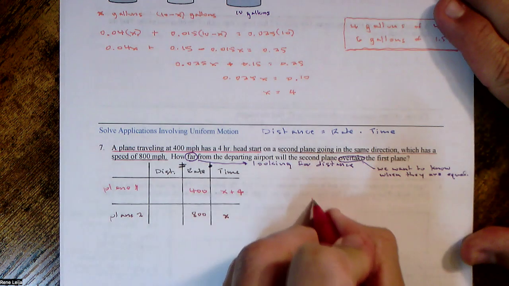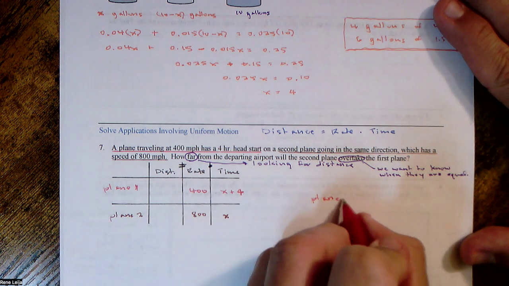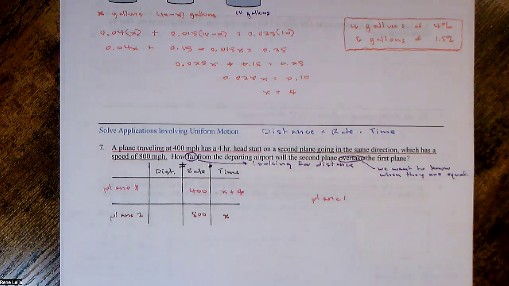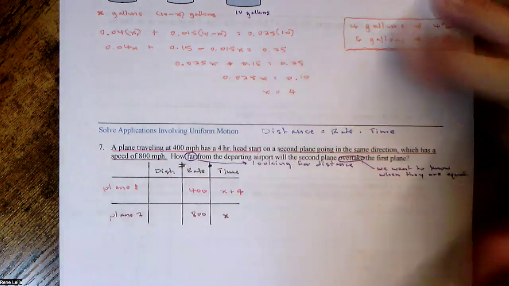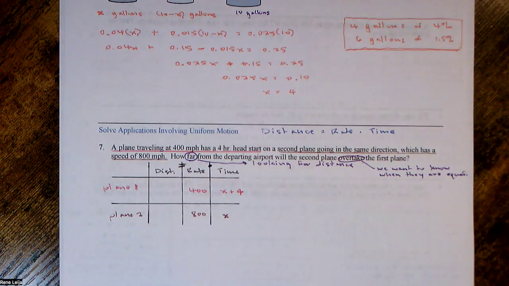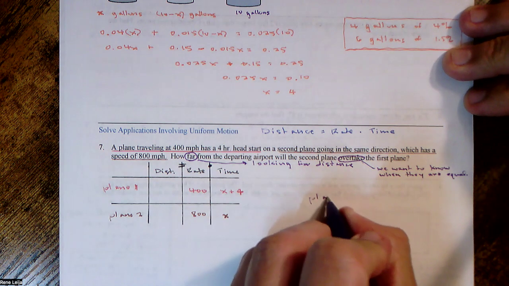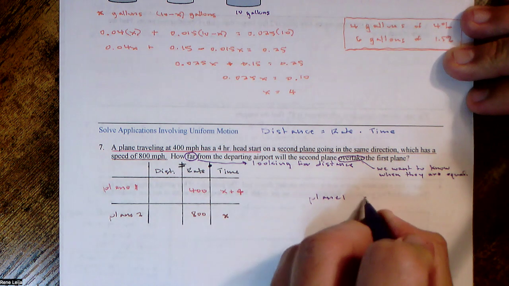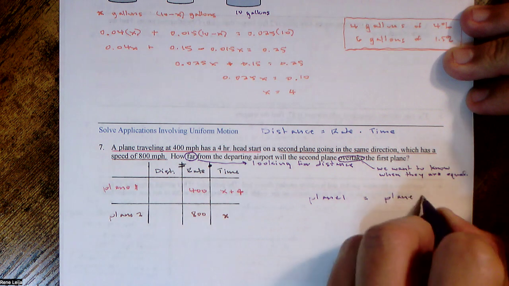So that means plane one, this is where we're going to get our verbal model, plane one has to equal plane two.